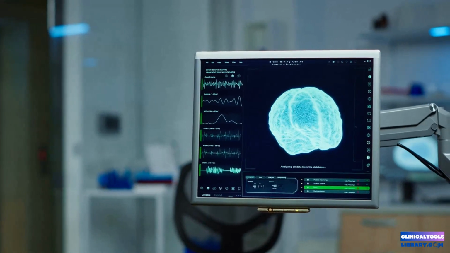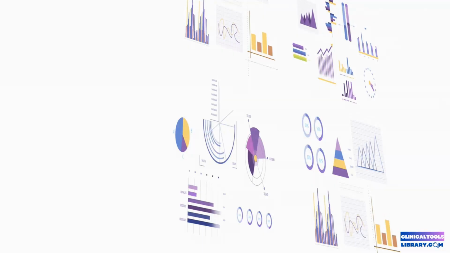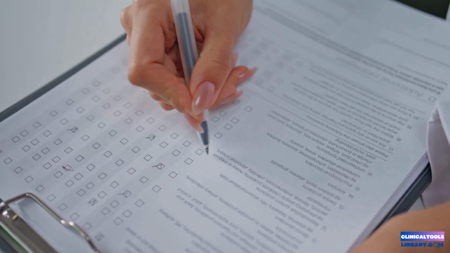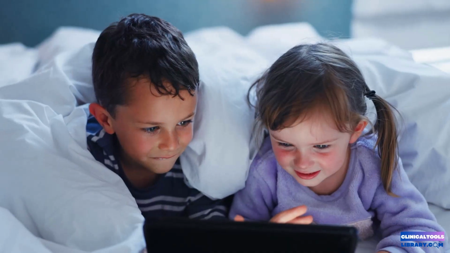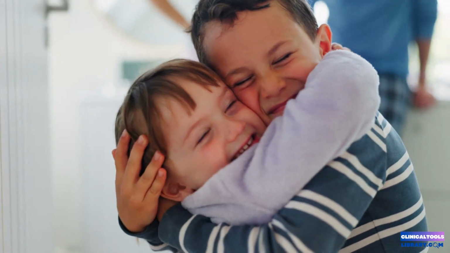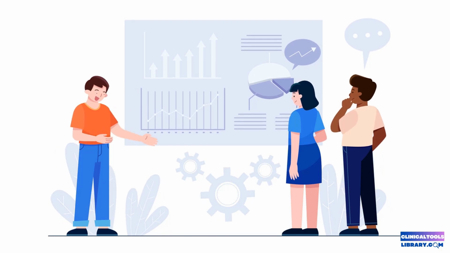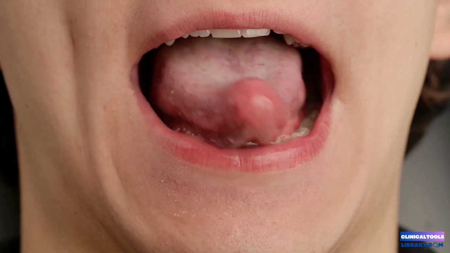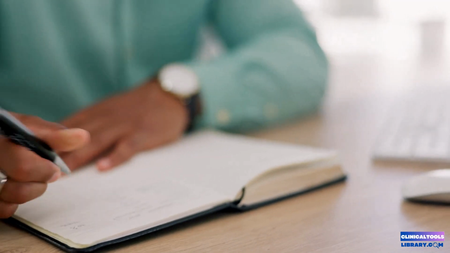A specificity of 0.85 implies that out of 100 individuals without stuttering, 85 will be correctly classified, while 15 may be incorrectly identified as stuttering. These metrics affirm the instrument's usefulness for clinical assessment, but highlight the need for complementary evaluation methods.